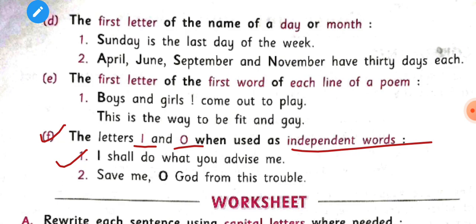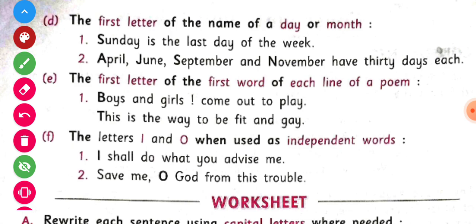Whenever you are writing I independently, then we have to write capital. For example, I shall do what you advise me. Next, save me, O God, from this trouble. Whenever you are writing O independently, then you will write O capital.